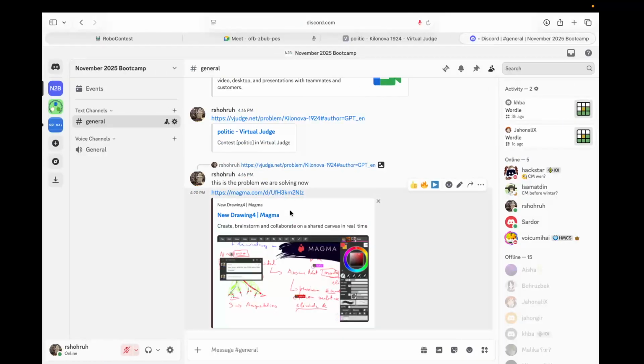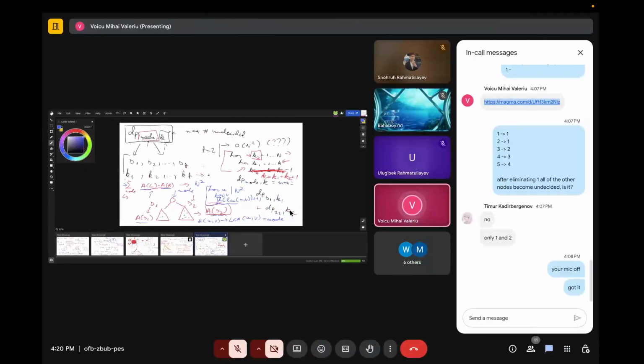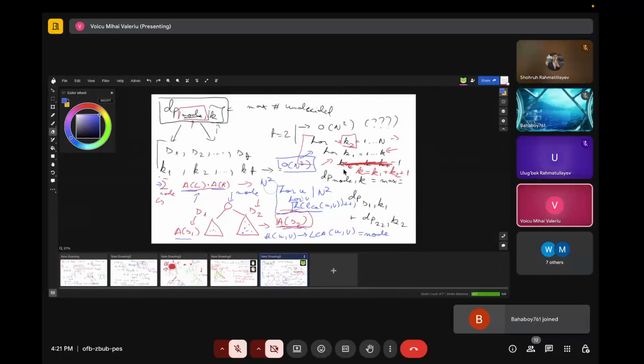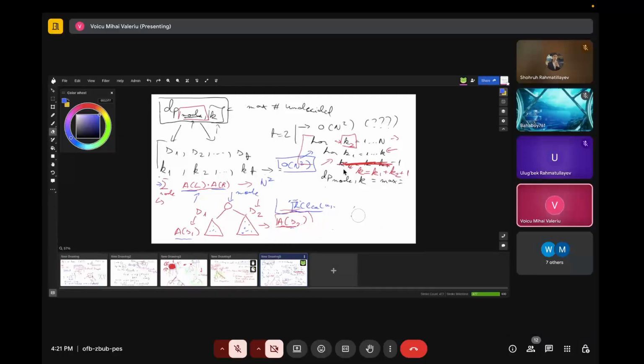So although at any point such an iteration might take up to O of n squared for a single node, in total it amortizes to O of n squared. Is that clear?